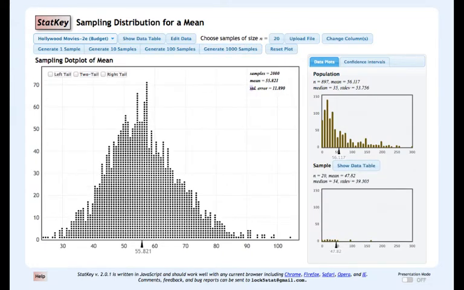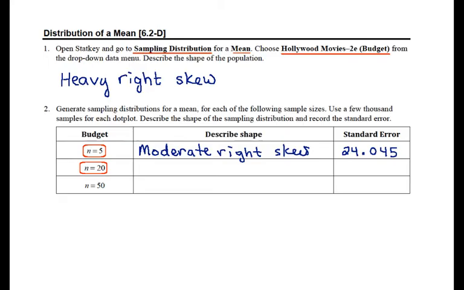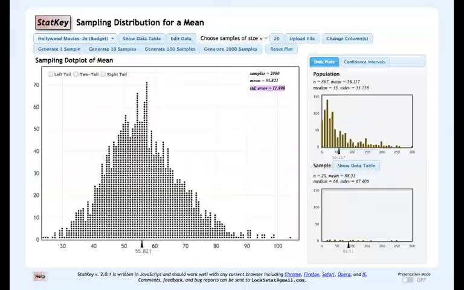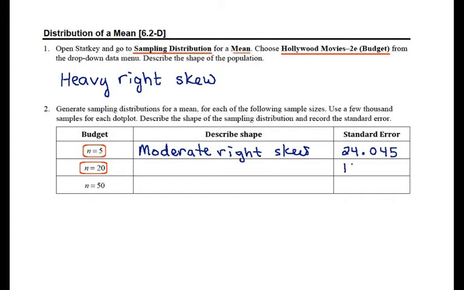Now we have a standard error of 11.89, and we also have a distribution that's getting closer to bell-shaped. It looks like it's still got a little bit of right skew here, but not a whole lot. So we have 11.89 as our standard error, and a slight right skew remaining.